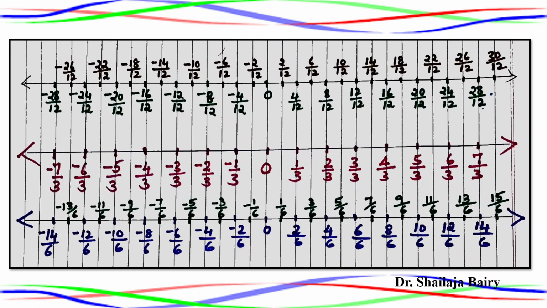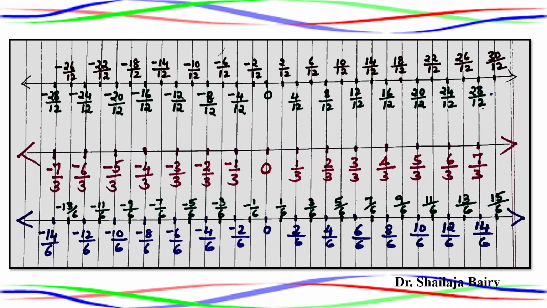Only thing is the same distance is divided into 12 equal parts. Previously it was 3 equal parts. So it depends on how we divide the distance. Previously when we marked integers, we used to take it as 1, 0, minus 1, minus 2. So depending on the availability, we use the page, and the same distance can have plenty of numbers.